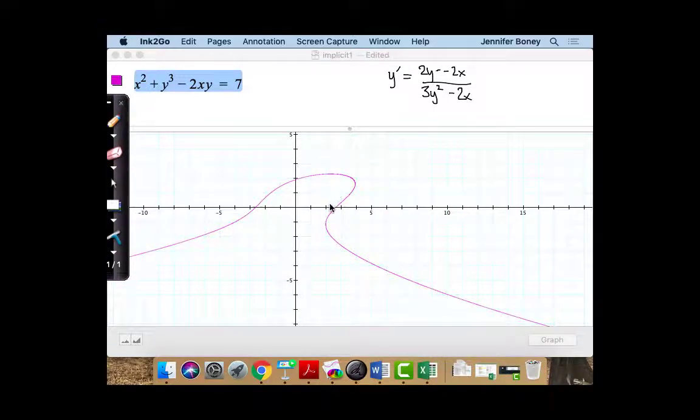So if I'm looking at this point, we could use the original equation to solve for the exact points, but just using quick estimation, I say, well, this point here, it's about 2, 2 1/4.